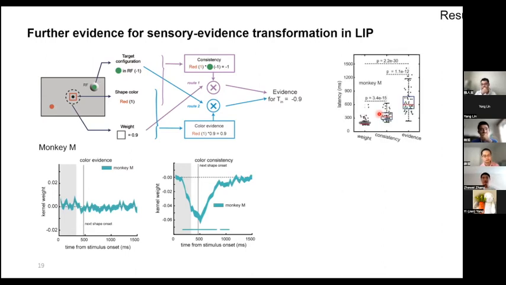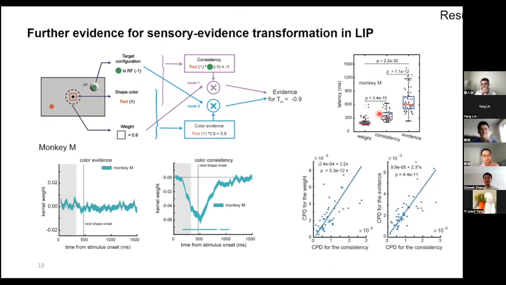And we also tested the CPD and encoding latency of the color consistency. The result shows that the CPD of the color consistency was correlated with that of shape and evidence.